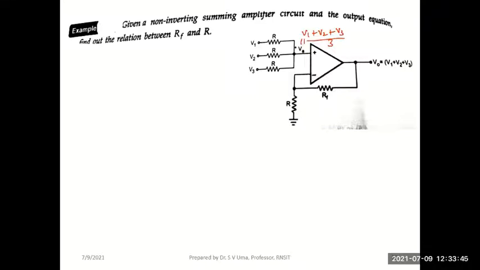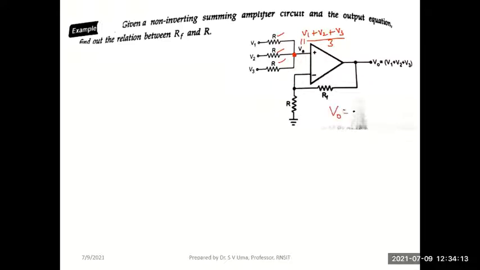Just now we saw, because all these 3 resistors are equal to R, through which we are giving 3 different inputs, if I use superposition, I was able to show that the voltage at the non-inverting terminal is just the average of the 3 input signals, V1 plus V2 plus V3 divided by 3. Now, that gets multiplied with the gain of this circuit.